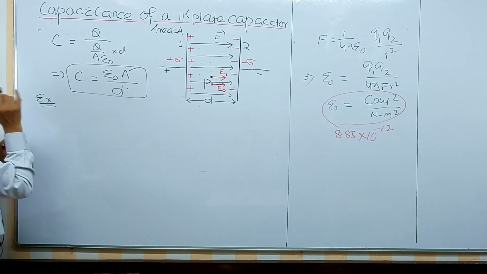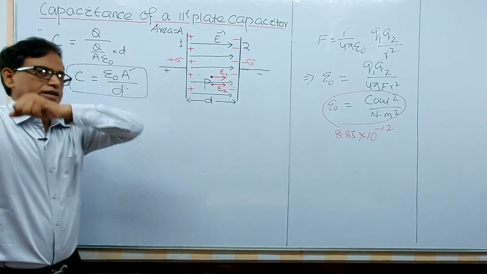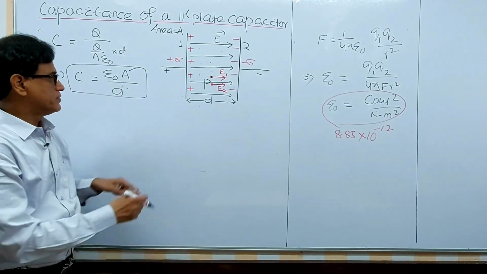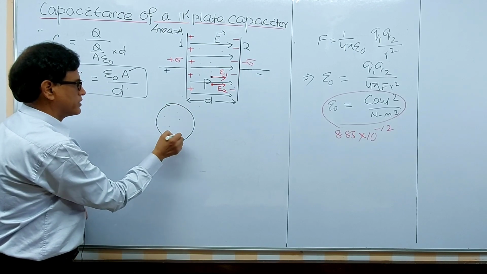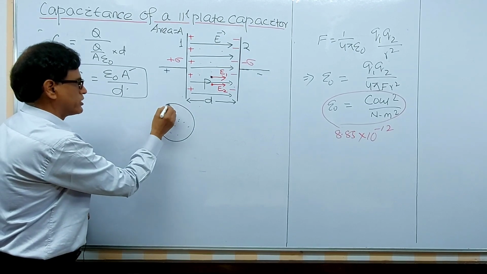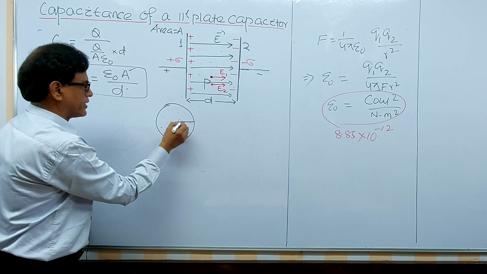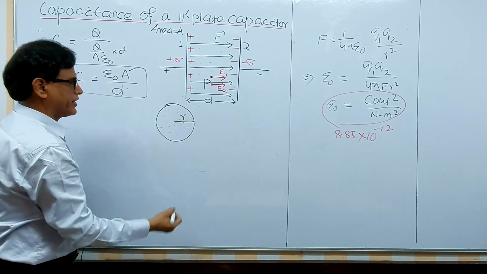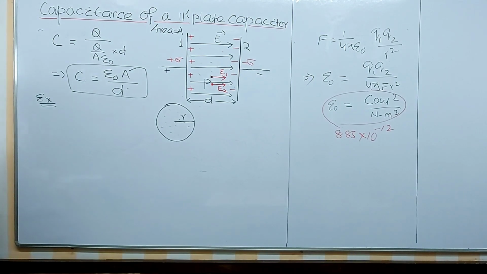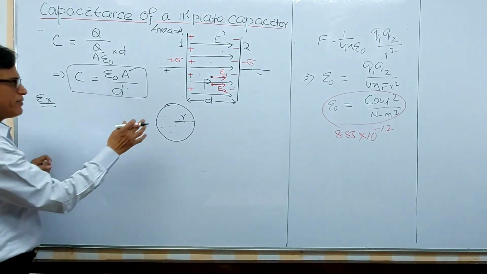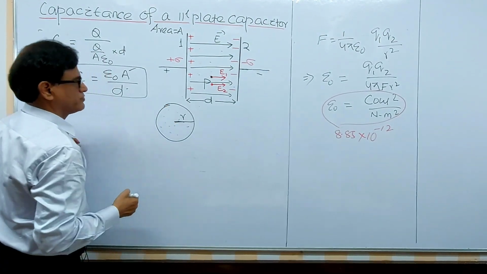Example. See, now you are given that these plates are in the form of a disc. It is not a square, it is not a rectangle, it is a disc of radius r. Now radius r is given to you. For example, r may be given or r may be asked.